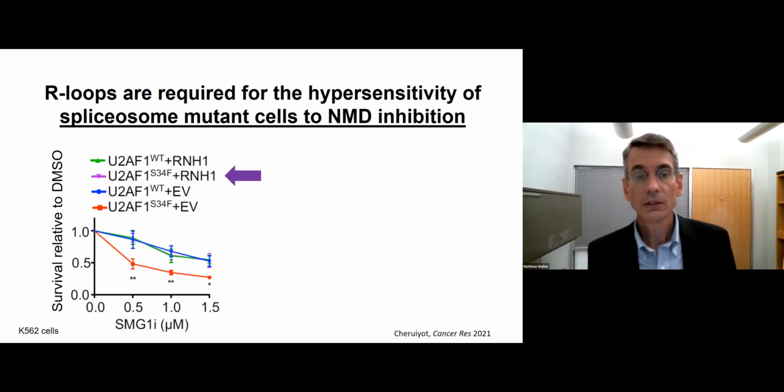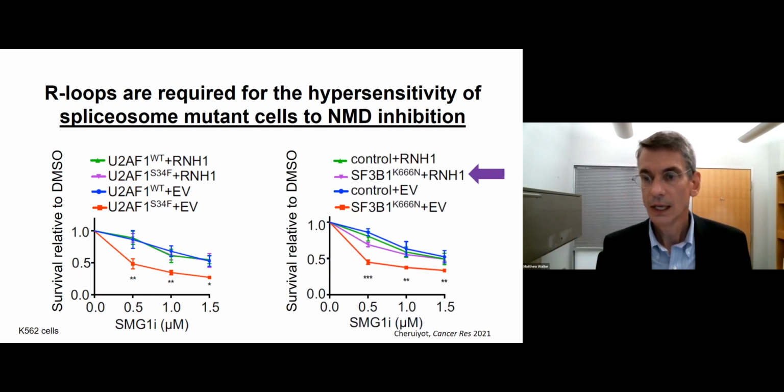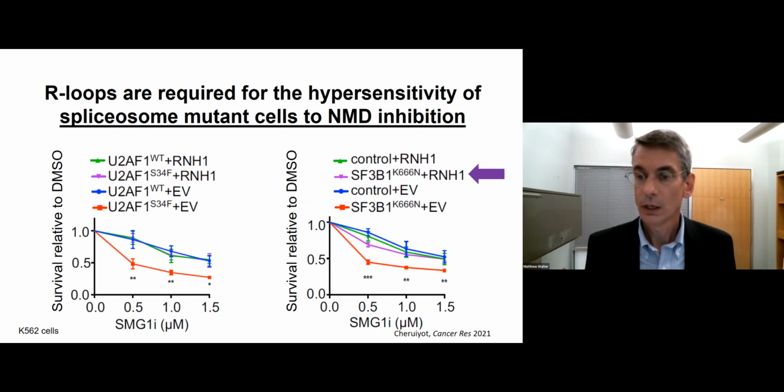And by overexpressing RNase H1 in these cells, in purple, you can again completely abrogate this reduced survival. This is also seen in SF3B1 K666N cells, where RNase H1 reverts this reduced survival.